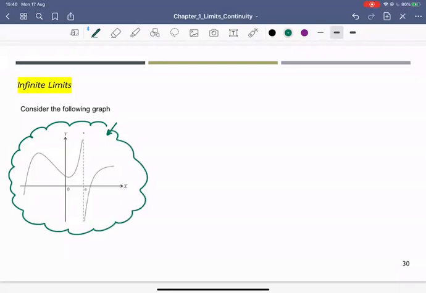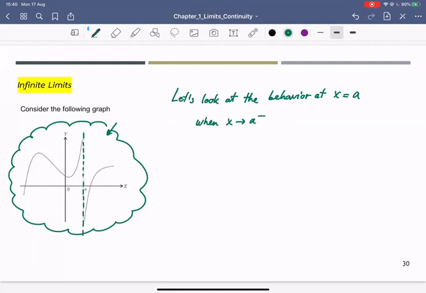I am going to look at the behavior at x equal to a. You can see that when x goes to a from the left, this is my notation, what happens? Follow the line that I have in purple.